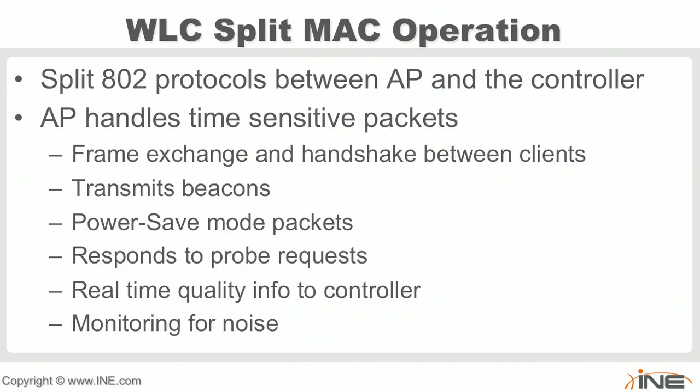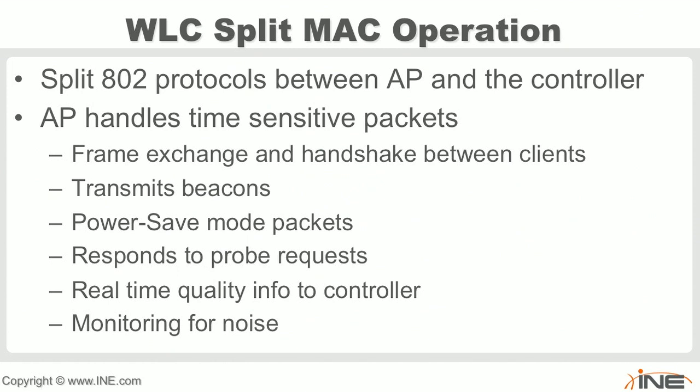First of all, when the WAN is up, this is for HREAP or Office Extend or Flex Connect, however you want to refer to it. Flex Connect is with the new 7.2 code. If you're on 7.0 and older, it's still called HREAP Office Extend. But we want to take a look at something called split MAC operation.